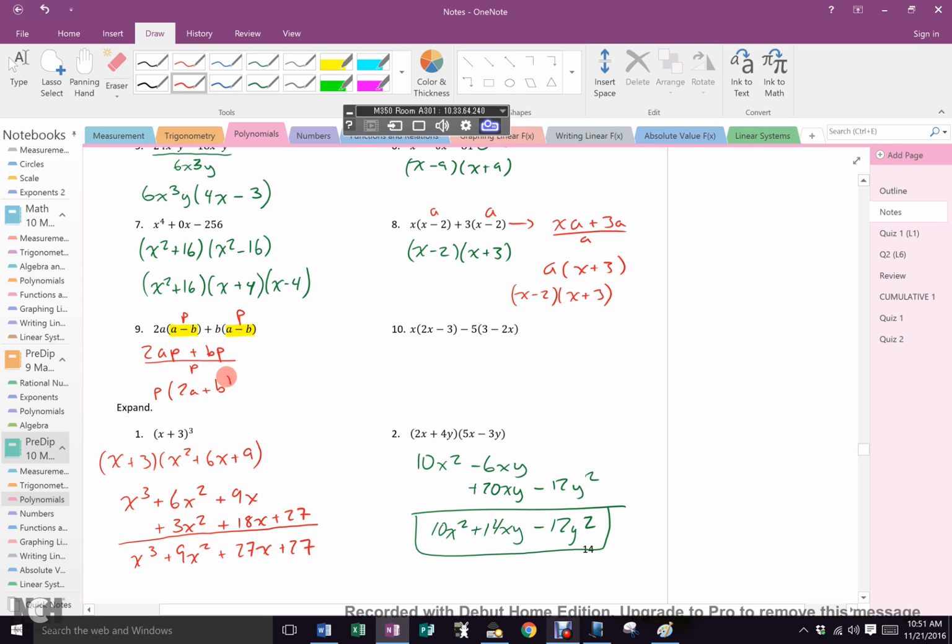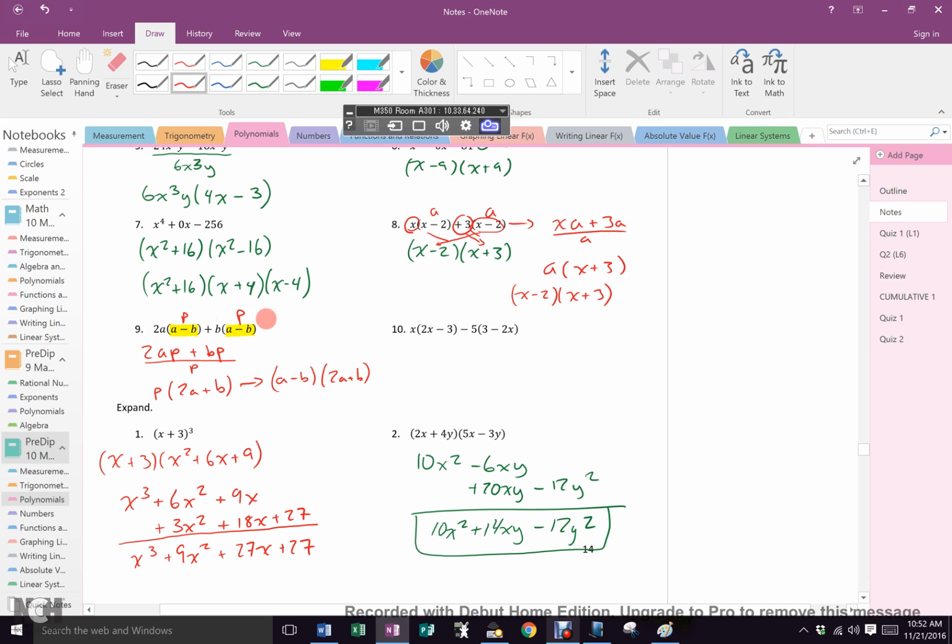2A plus B, correct? But what's P really? A minus B, so this becomes A minus B and 2A plus B. Now the shortcut, you will notice, is what's outside the brackets becomes one of the factors, and what's inside the brackets becomes the other factor.